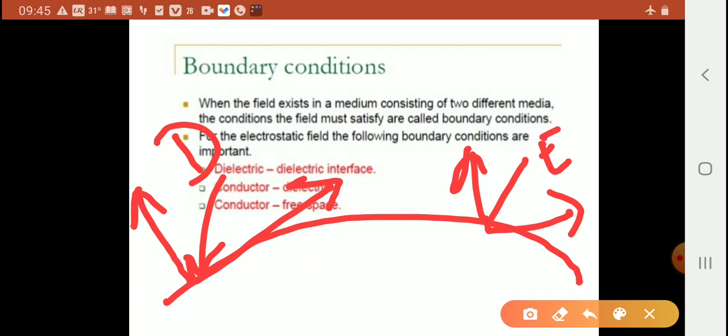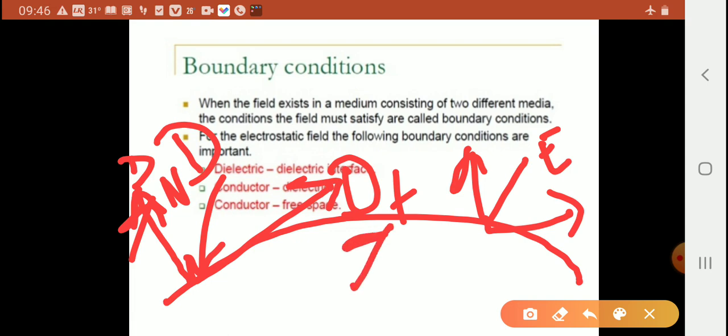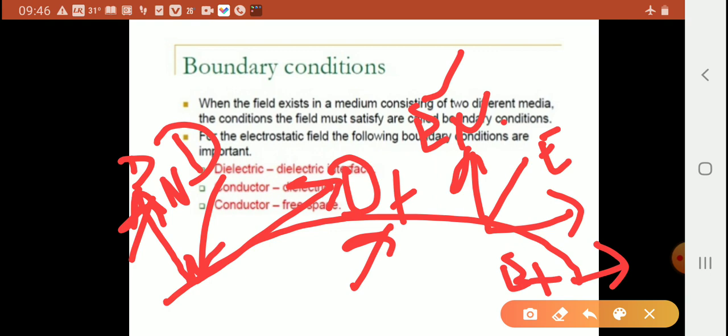So there are two components, one Dt and one Dn. Dn is the normal component and Dt is the tangential component. En is the normal component of electrical field intensity and Et is the tangential component of electrical field intensity.